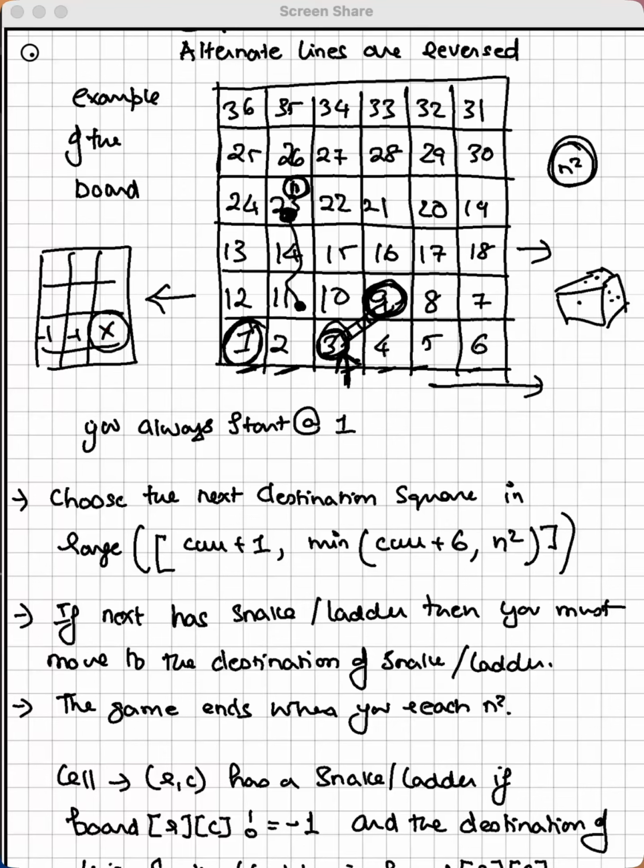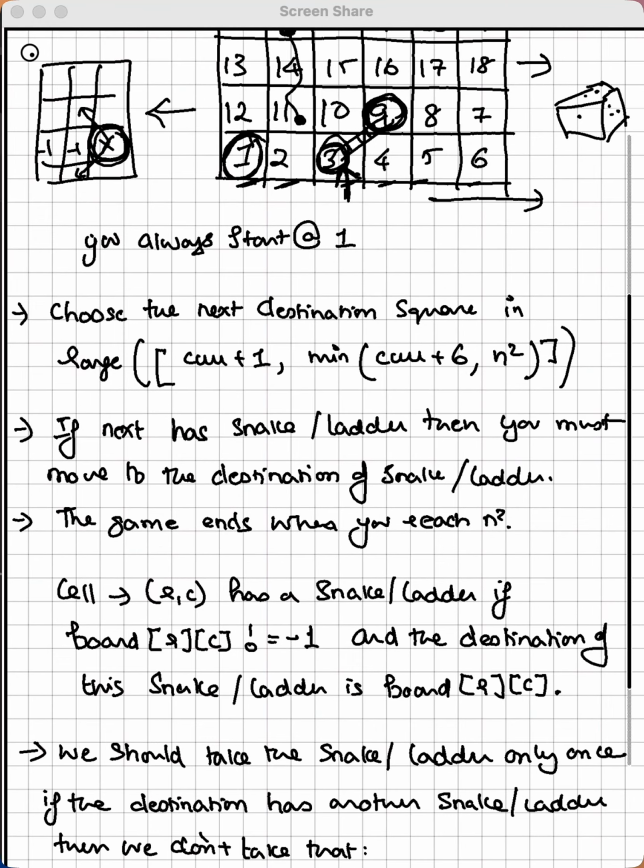If it is a snake, you're probably going back. If it is a ladder, you're going forward. This is the number that you have to jump to if you end up coming to this particular cell. So that's the problem.